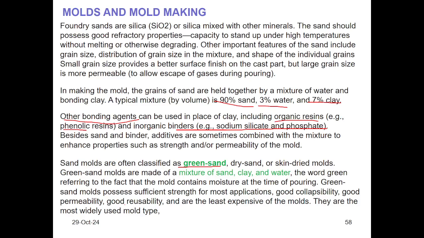Why dry mold? Because, to increase the bonding effect, the mold is placed into an oven, into a furnace, and it is dried. Okay, it is called dry mold.